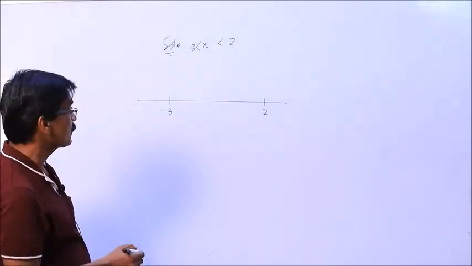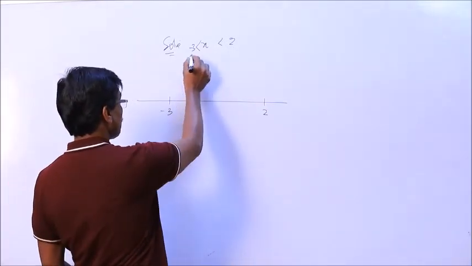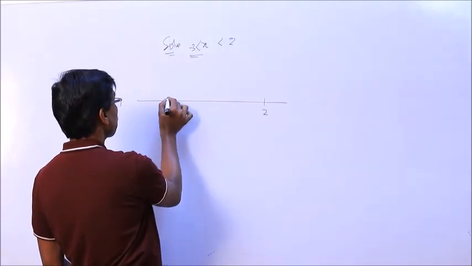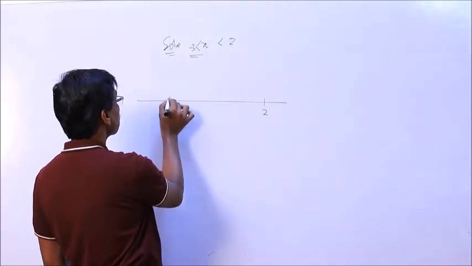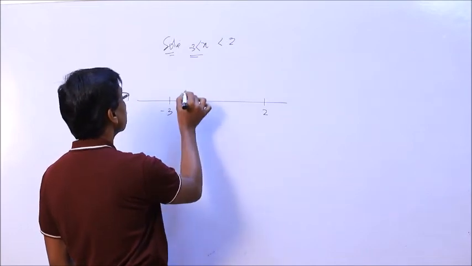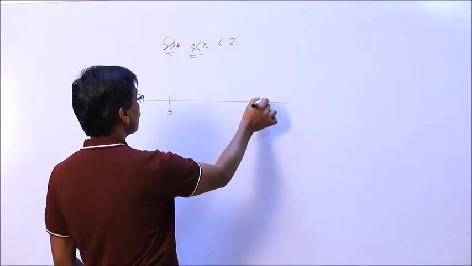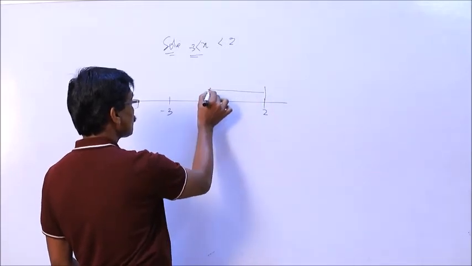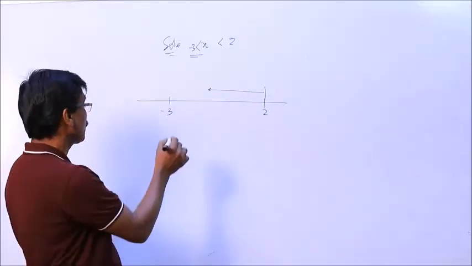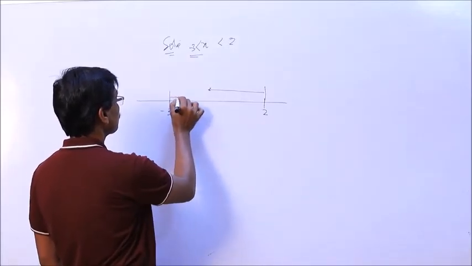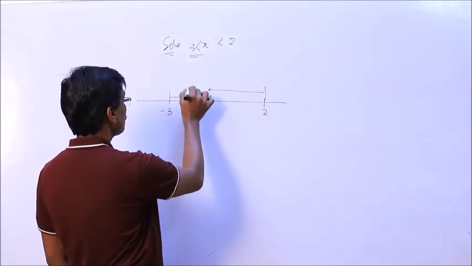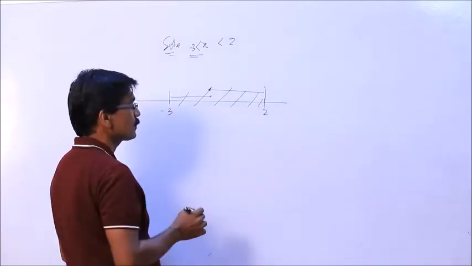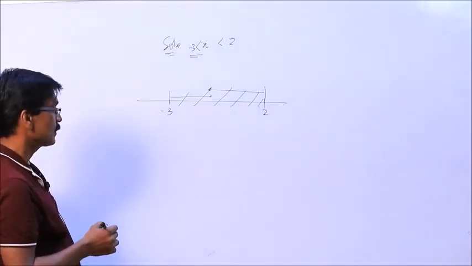So, x is greater than minus 3 and x less than 2. Less than 2 means it is towards the left side, and x greater than minus 3. So, this is our common region, this is our solution region.